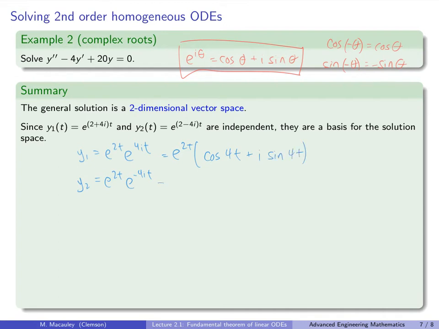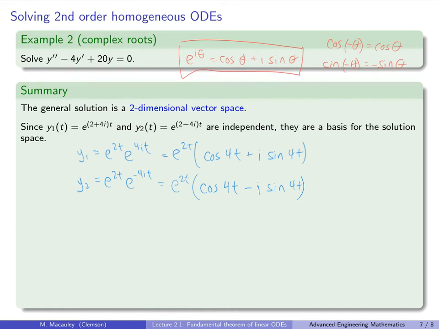And the second one is e to the 2t, and now theta is negative 4t. So cosine of negative 4t, well, the negative sign just gets absorbed because of this relation. And in this second term, the negative sign pulls out and becomes negative right here. So this is cosine 4t minus i sine of 4t.